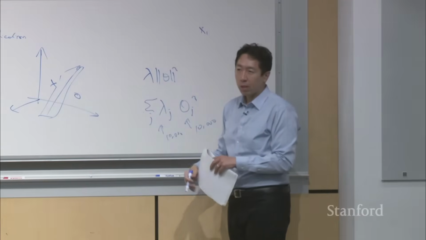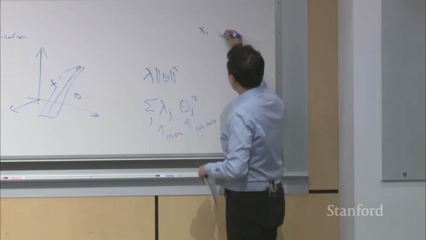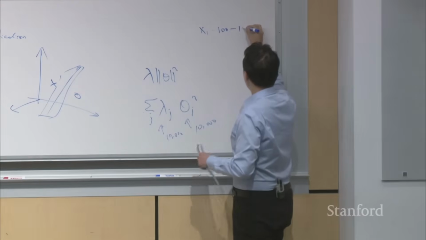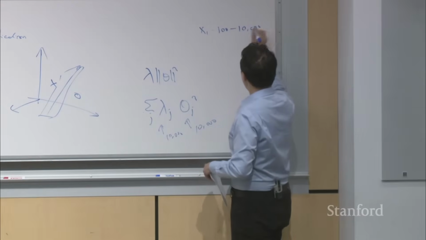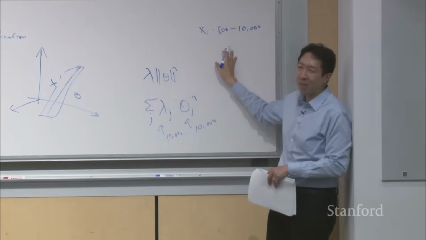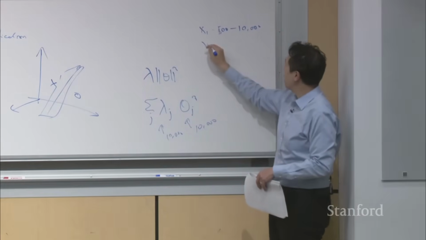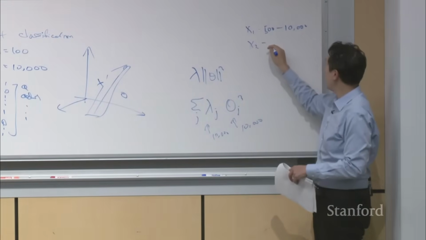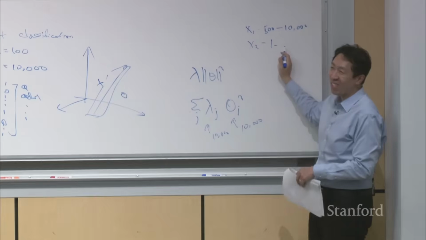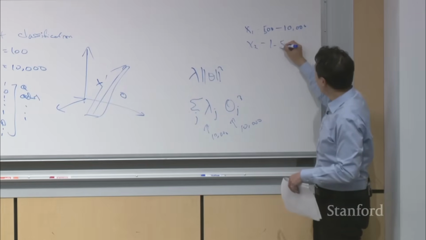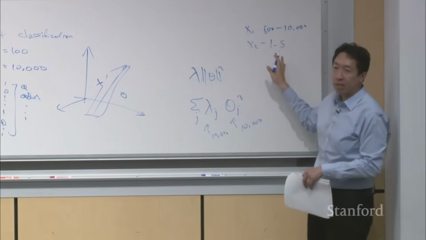But in housing classification, if feature 1 is the size of a house, which let's say ranges from 500 square feet to 10,000 square feet, which is really, really big for a house, but feature x2 is the number of bedrooms, which probably ranges from 1 to, let's say most houses have at most 5 bedrooms, then these features are on very different scales.